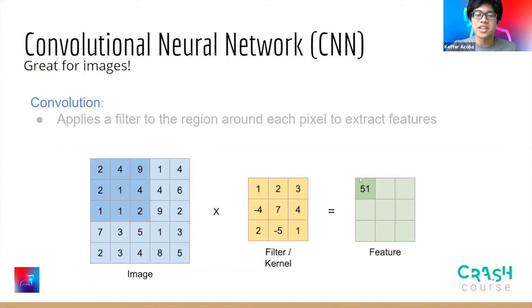And it adds all of that up and sums up all of those features into a single pixel. So you can see why this would work great on images, because if you apply this filter all over the image, it is able to extract features from the image by getting a summary of different regions of our image.